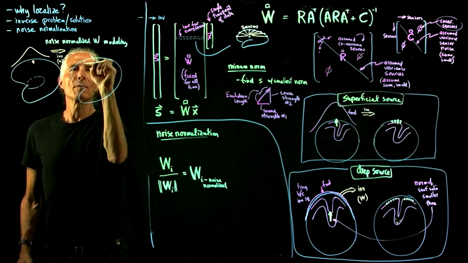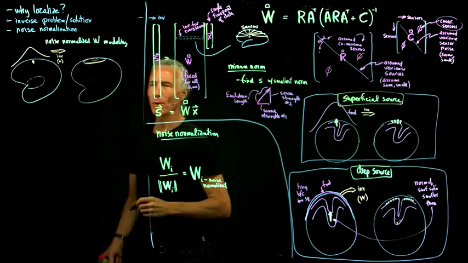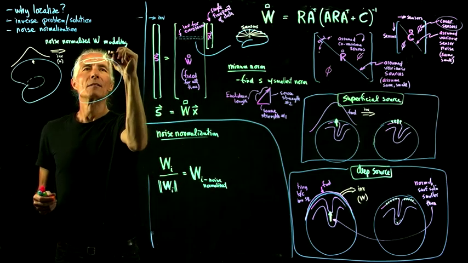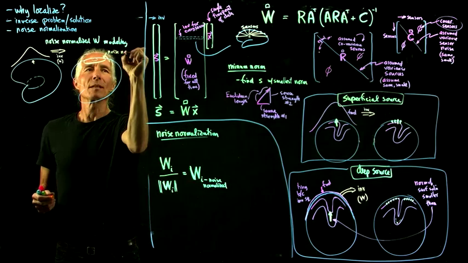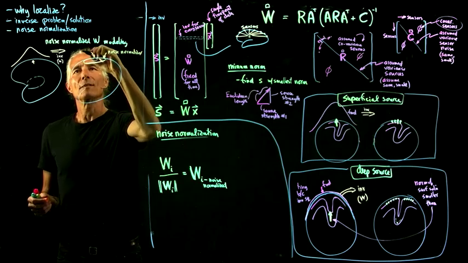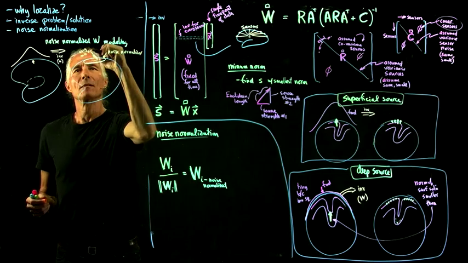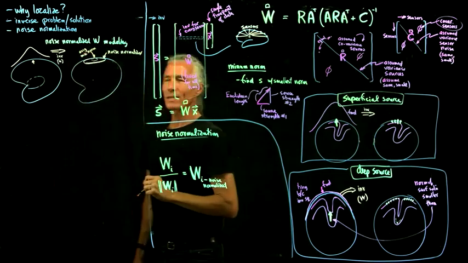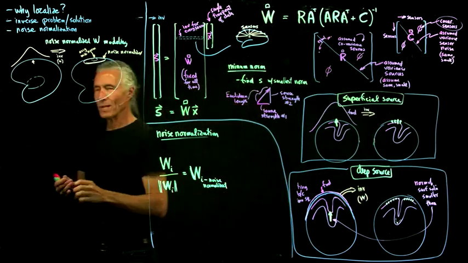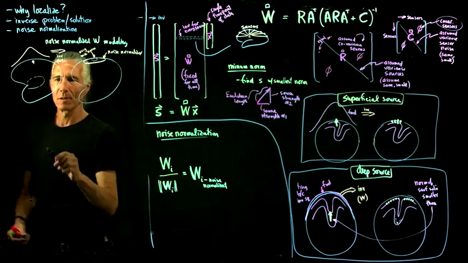So here's where it would have been if we had just done the minimum norm. This guy is noise normalized, and this guy is original minimum norm. So it's going to slightly punish superficial dipoles. But what will happen with a deep dipole?